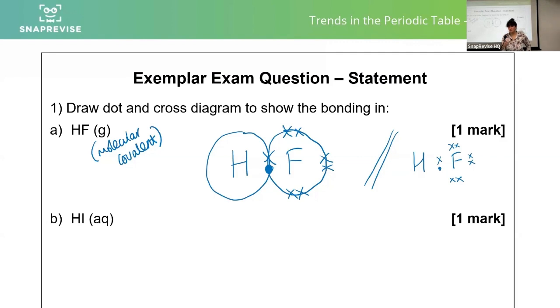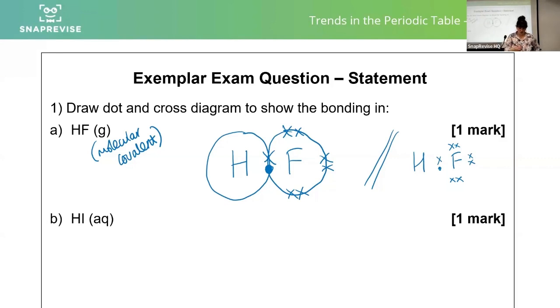And again, that's why they've asked me this question, because there is a difference. They don't just want me to draw 2 lots of dot and cross diagrams with covalent bonding. They want me to draw a dot and cross diagram for covalent and a dot and cross diagram for ionic. It makes sense, therefore, that the answer must be ionic.